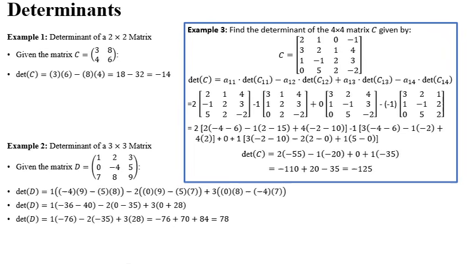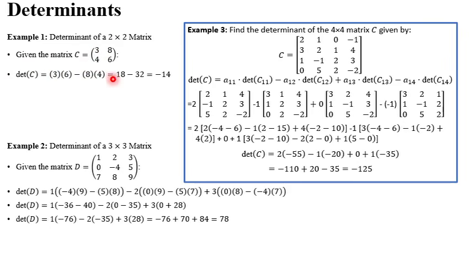Okay, so let's apply what we've just done in looking at some examples. For a 2 by 2 matrix, say matrix C, the first row being 3, 8, and the second row being 4, 6. So to calculate the determinant of this 2 by 2 matrix, what we do is say 3 times 6 minus 4 times 8.